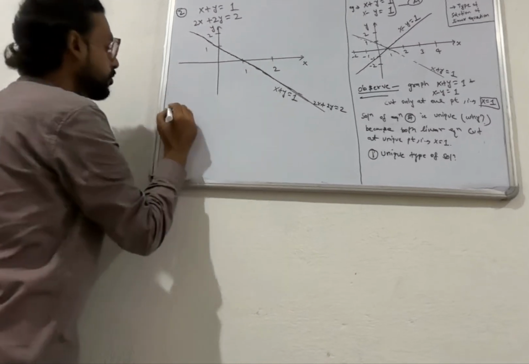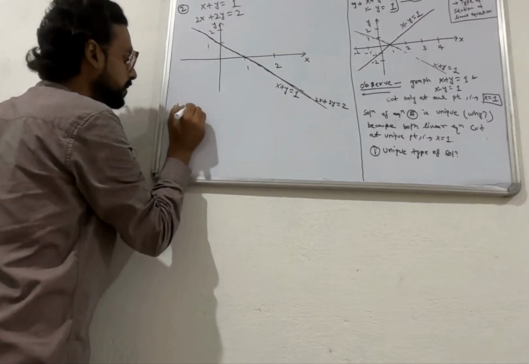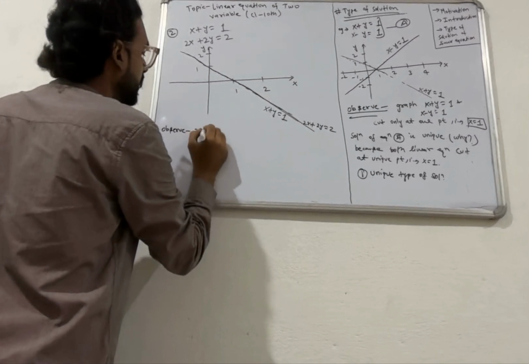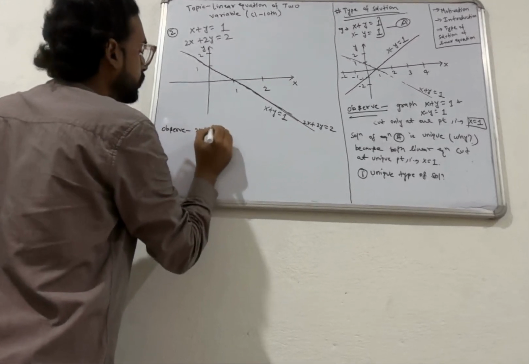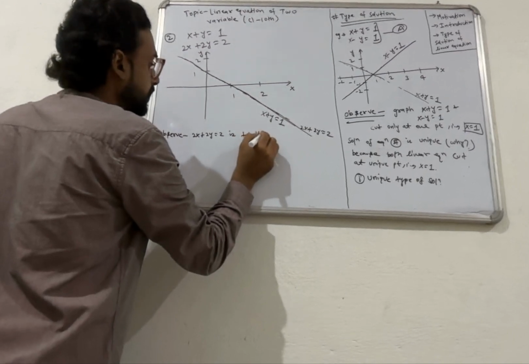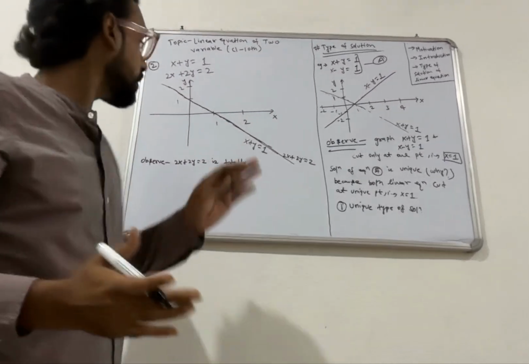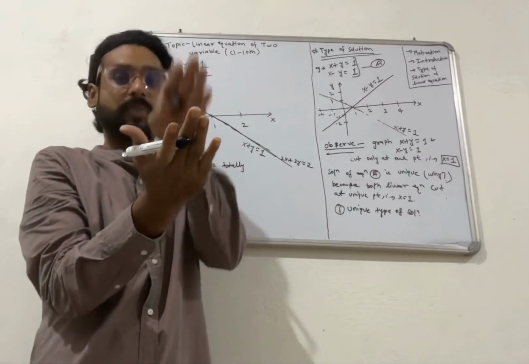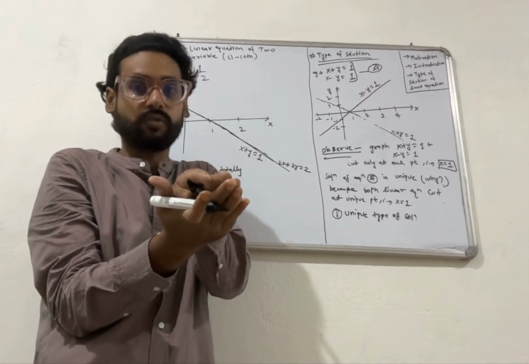What we are going to observe: 2x plus 2y is equal to 2 totally lies on the first equation, x plus y is equal to 1, like this.